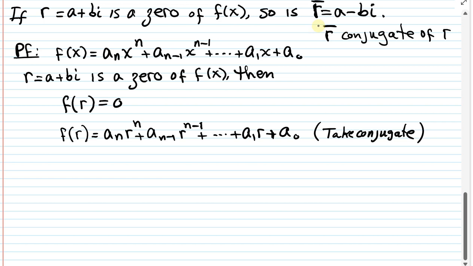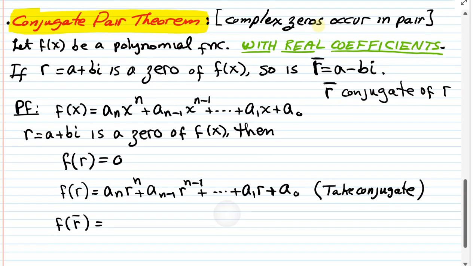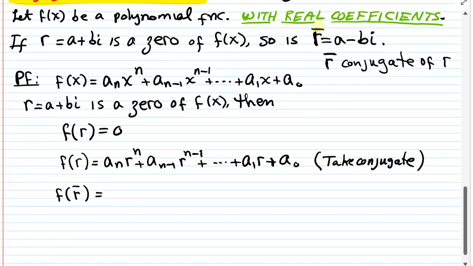When we take the conjugate of both sides, this is what it's going to be. On the left side, the conjugate of r is r bar, right? And what do we have on the right side?